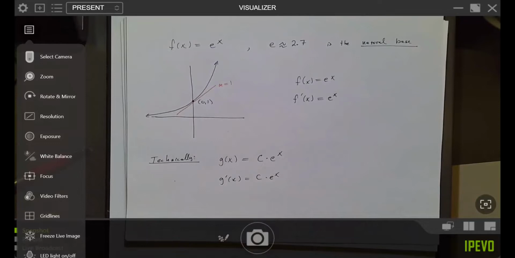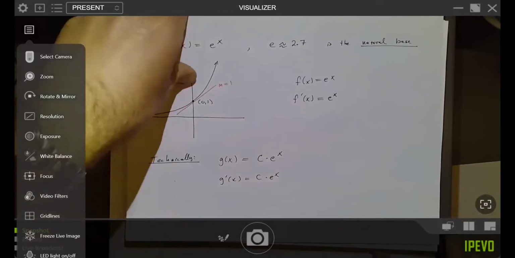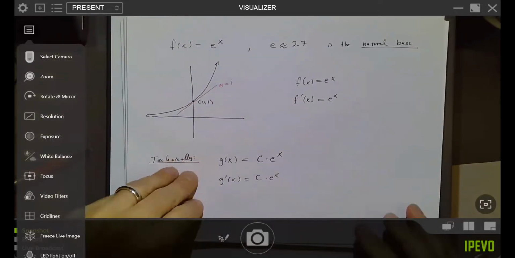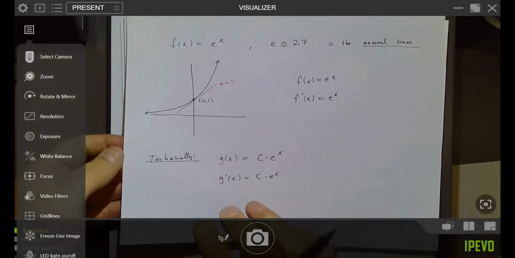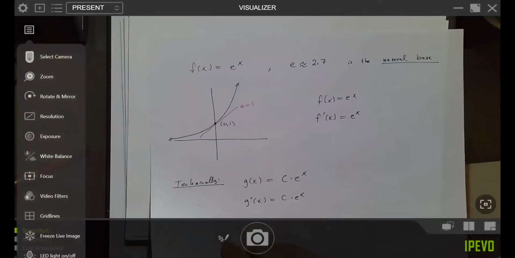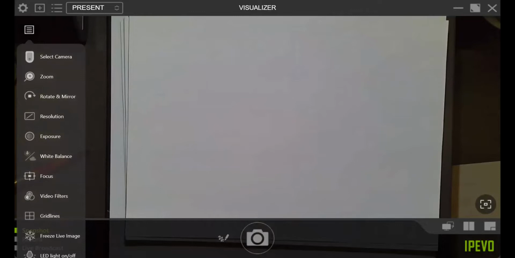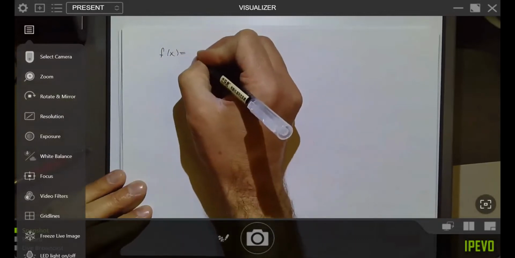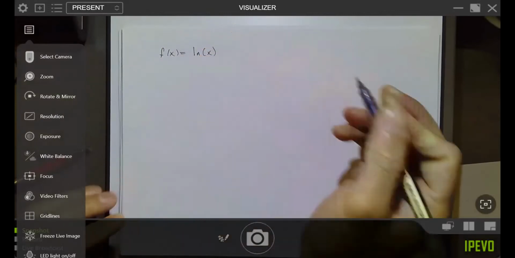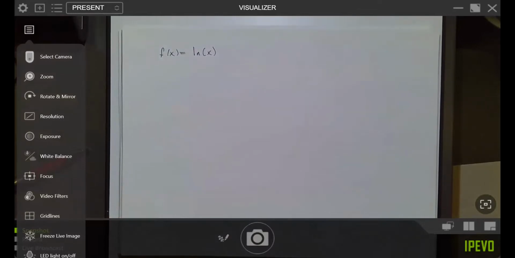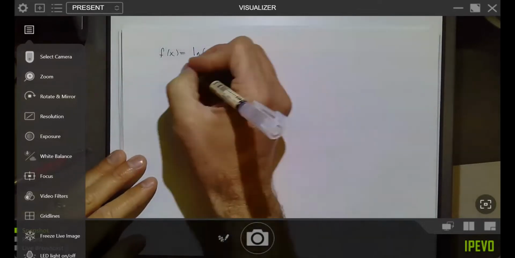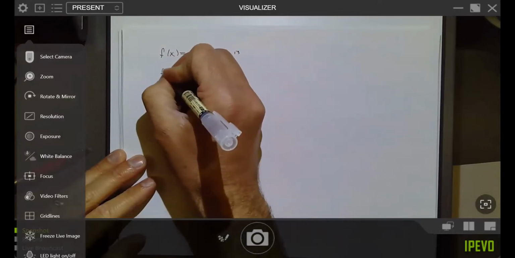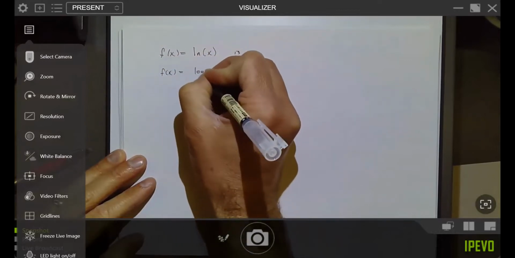Question: why is it called the natural base? It's kind of because of this property. To go along with this exponential function e to the x, there are also logarithmic functions. Specifically, f of x equal to the natural log of x, which is just a shorthand or abbreviated notation for log base e of x.